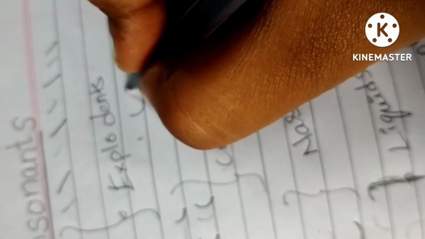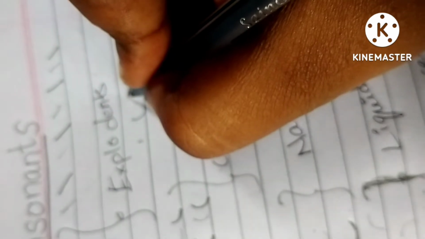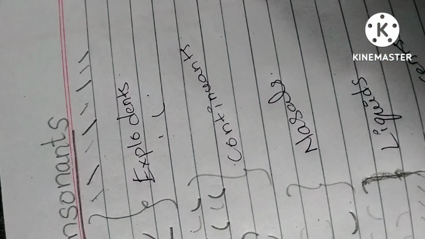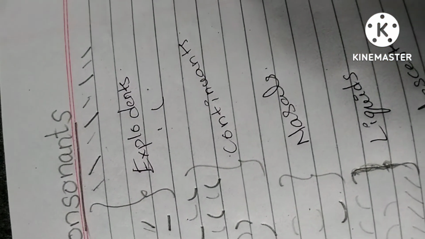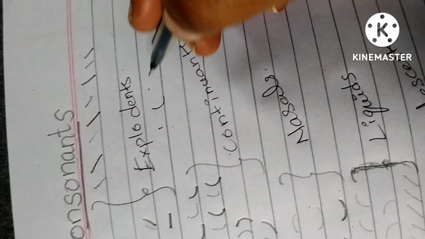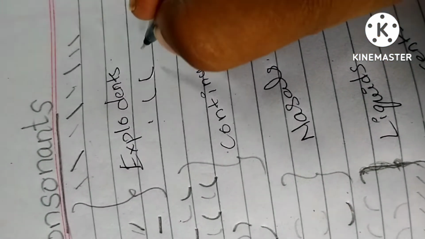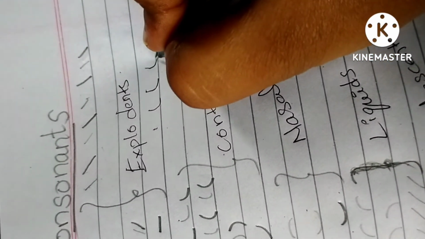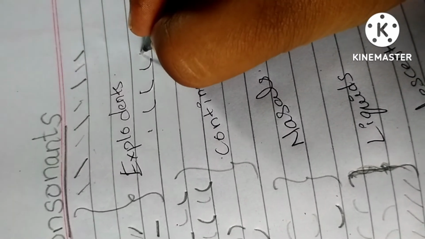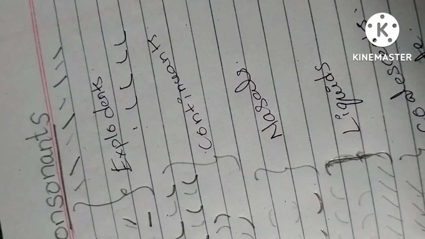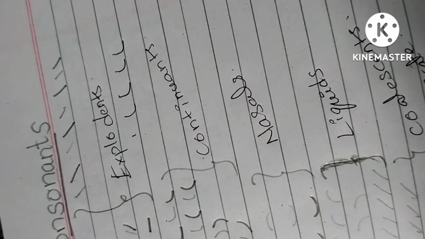While writing thicker, the ends should be lighter only, but in the middle we have to darken it like this. With practice, you will get it. They should be thick in the middle only.